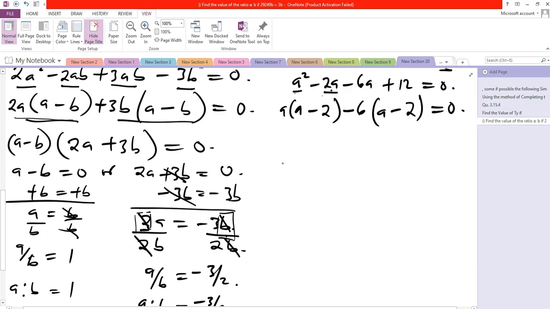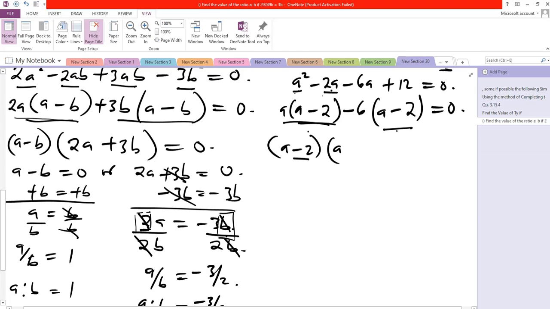Now if you look at this, you have this as a common factor to these two terms. So we'll now factorize it further. You say a minus 2, which is a common factor. If you use a minus 2 to divide this first term, you're left with a.